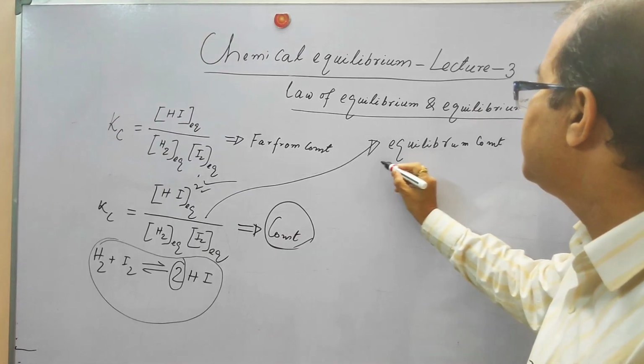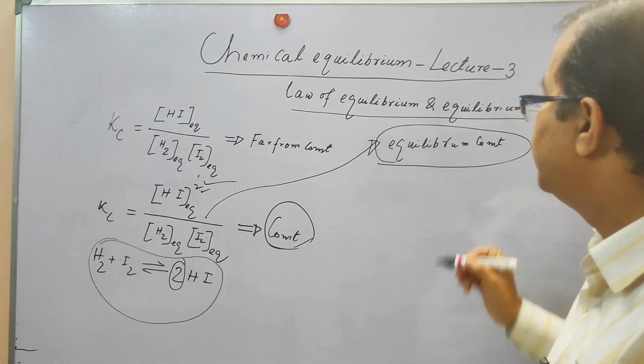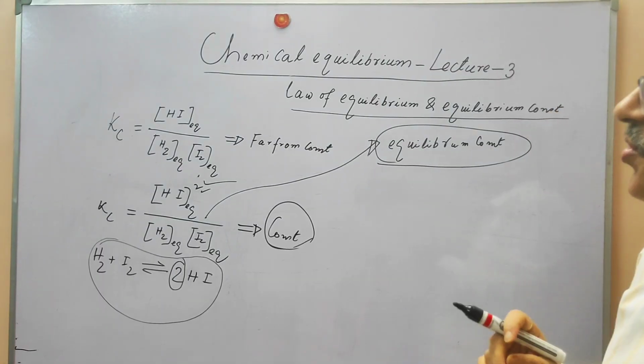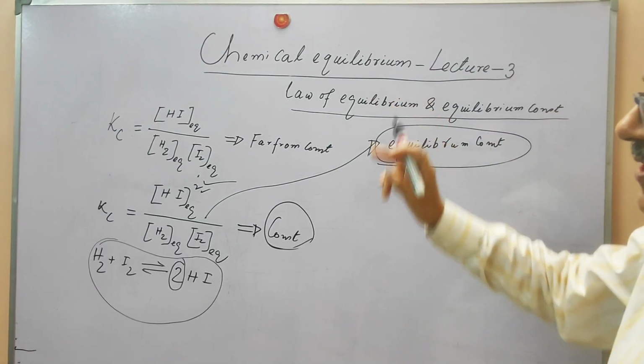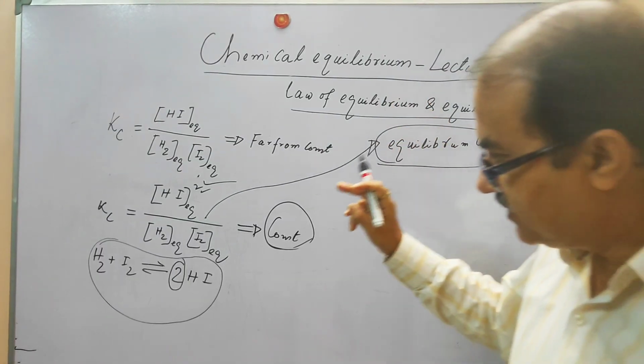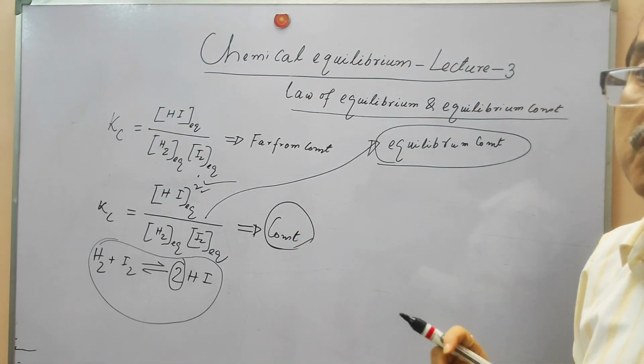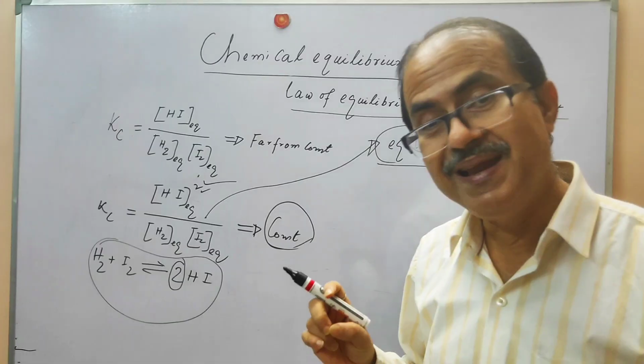So we now understand how the equilibrium constant has been derived, has been deduced from these different experiments, and that it is directly correlated with the stoichiometric coefficients of the balanced equation.